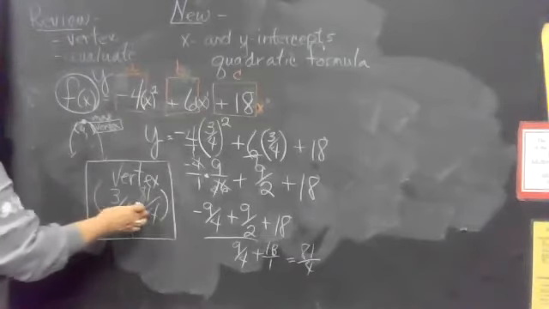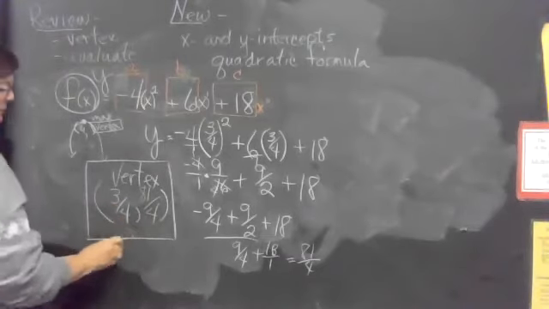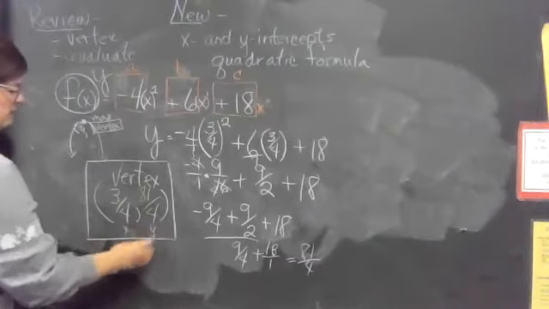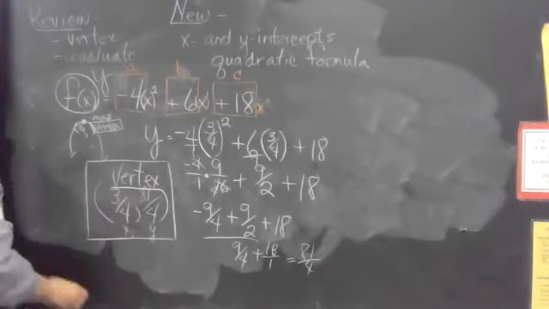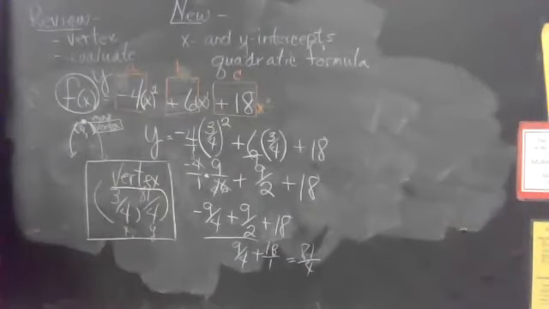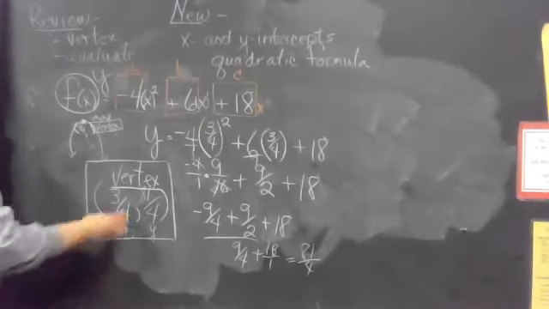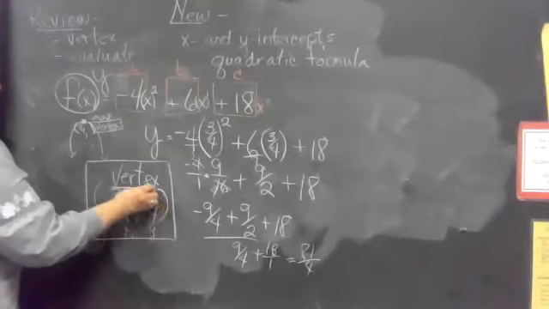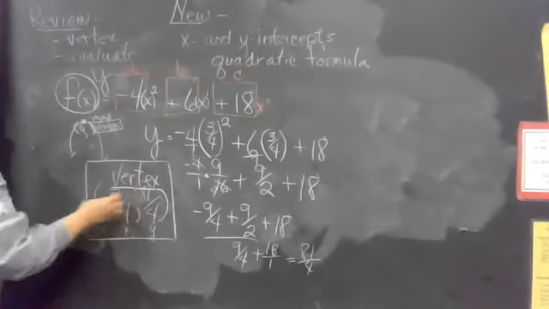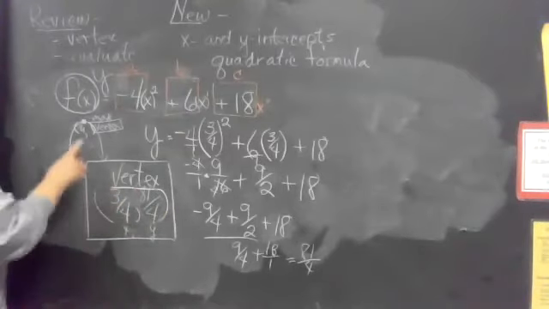Now, these are the coordinates, the X and the Y, of the vertex, okay? But when they ask you about the max or the min, they're only wanting the Y value. So this whole thing, this point is where the vertex is of this parabola.